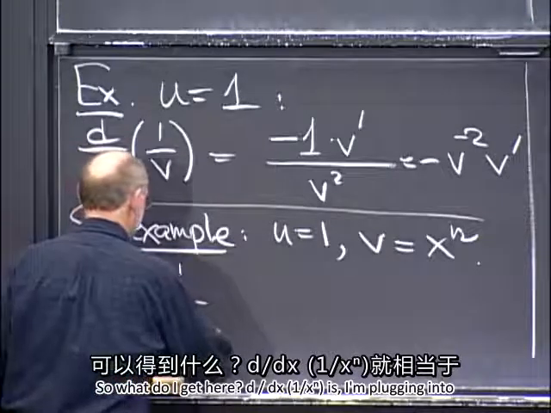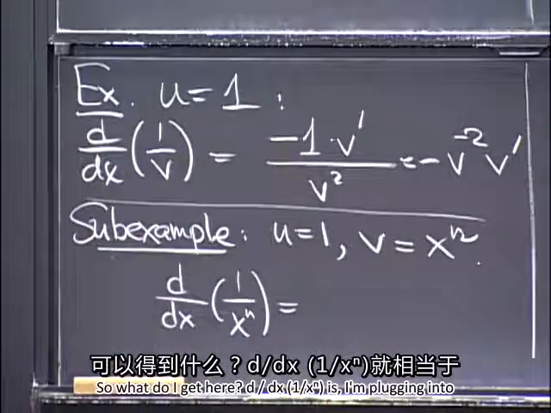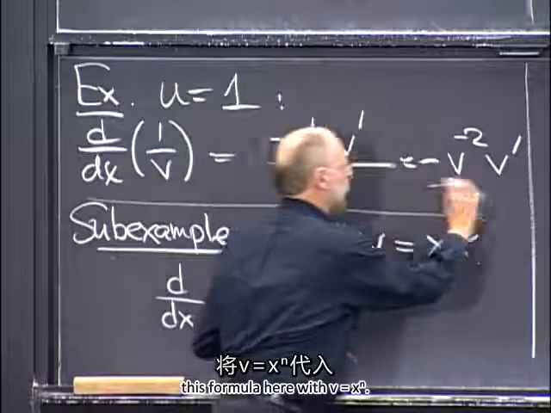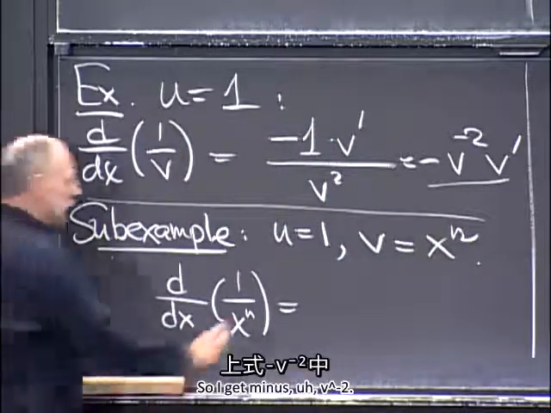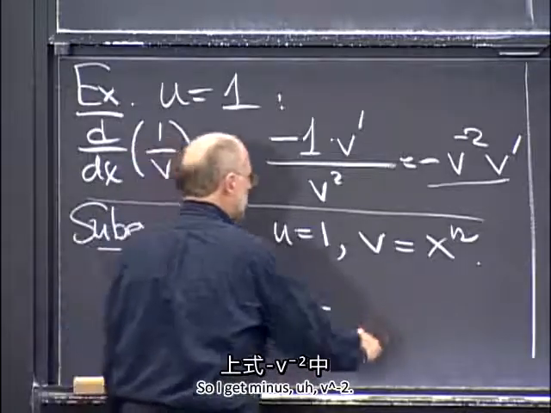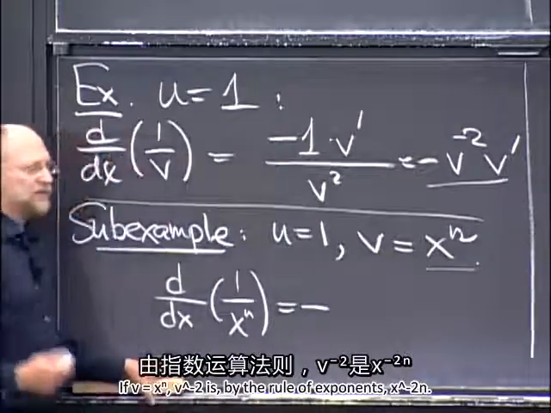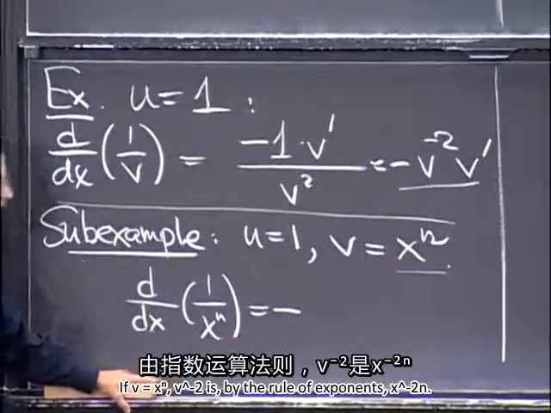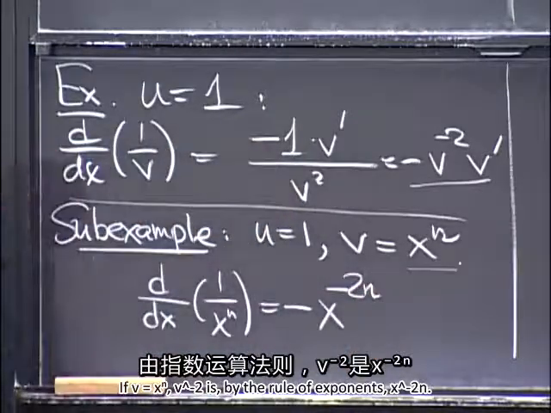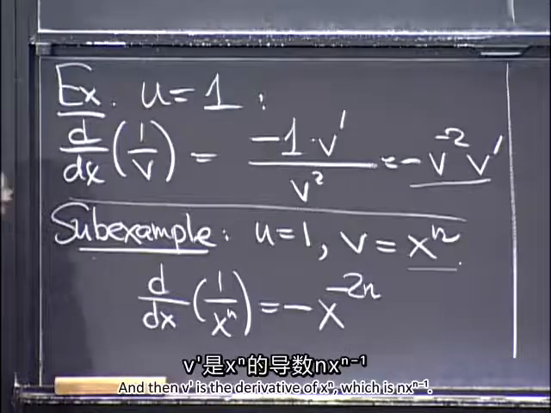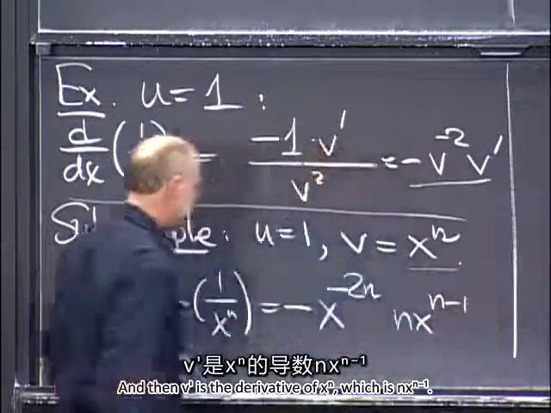D over dx of 1 over x to the n is, plugging into this formula with v equals x to the n, minus v to the minus 2. If v is x to the n, v to the minus 2 is, by the rule of exponents, x to the minus 2n. And then v prime is the derivative of x to the n, which is n x to the n minus 1.